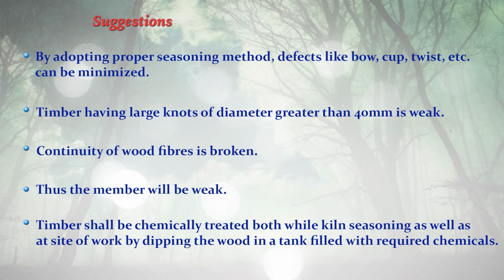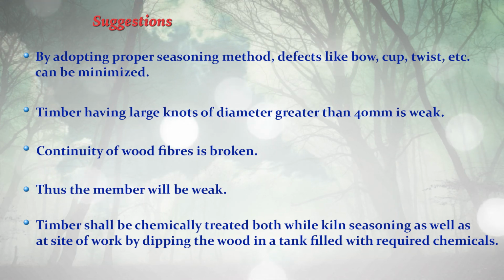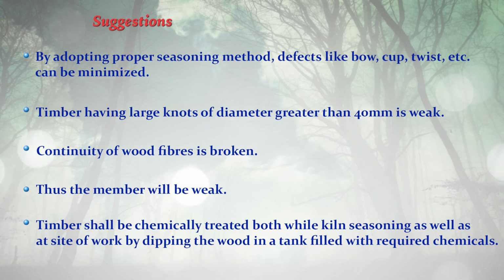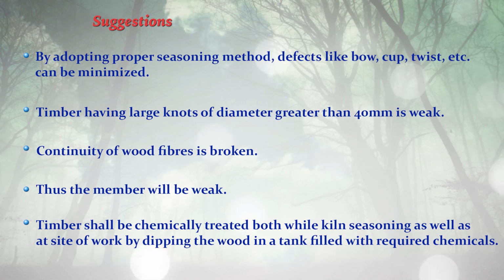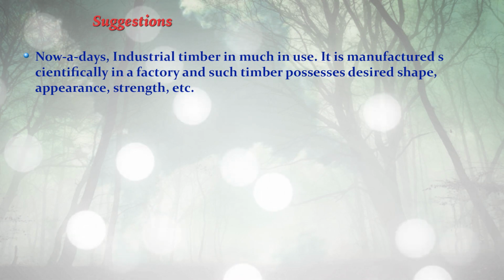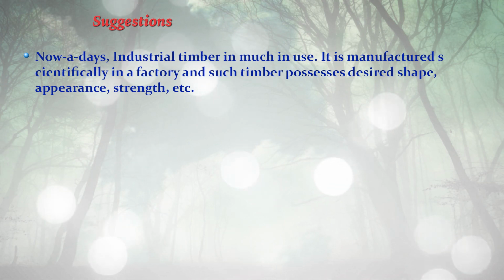Timber shall be chemically treated both while kiln seasoning as well as at site of work by dipping the wood in a tank filled with required chemicals. Nowadays, industrial timber is much in use.